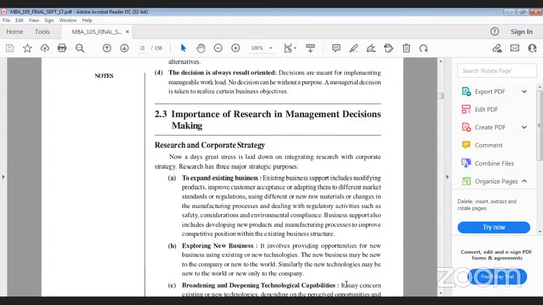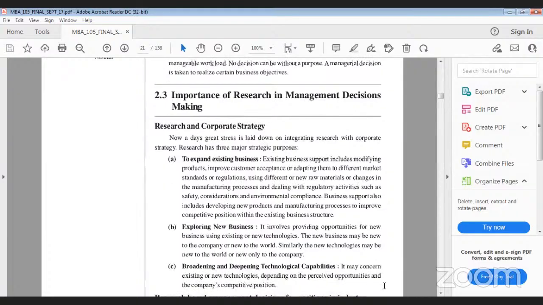Next, I can explain new business. It involves providing opportunities for a new business or using existing or new technology. The new business may be new to the company or new to the world.